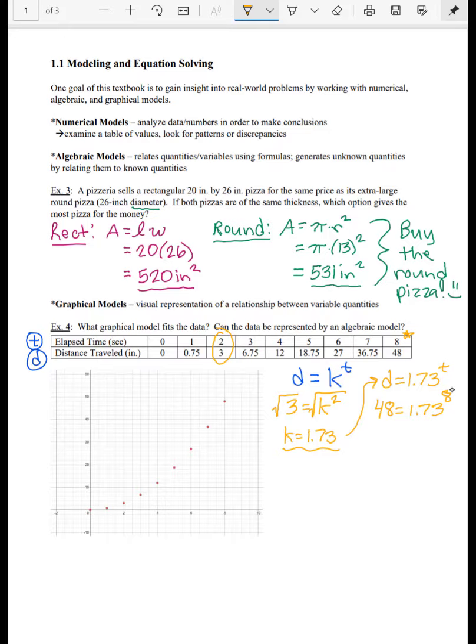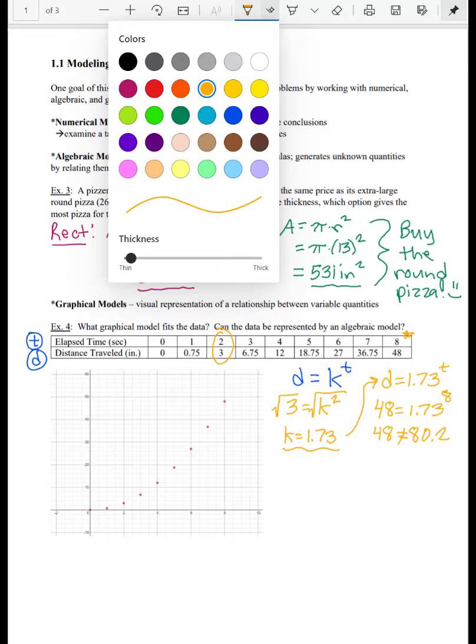So if I check that, 1.73 to the 8th power, that's about 80.2, which is definitely not equal to 48. So our attempt at using an exponential model failed because it's not going to generate the other points. So at this point, I would say let's abandon the exponential model and let's try a quadratic.